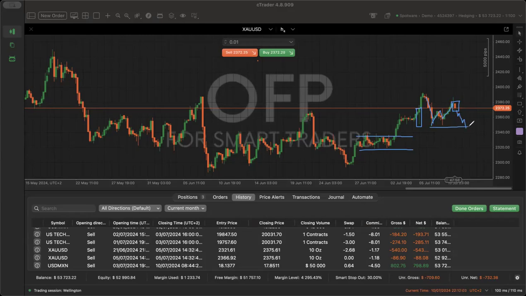But if the news is really strong, we could even probably reach this area of interest over here around the 2,330 level or the 2,320 level. We may actually reach that. So I anticipate tomorrow and Friday that we may actually make a new low, at least before Friday. Yeah. So, or on Friday, we might have to actually make a new low. So that's what I'm anticipating on gold.